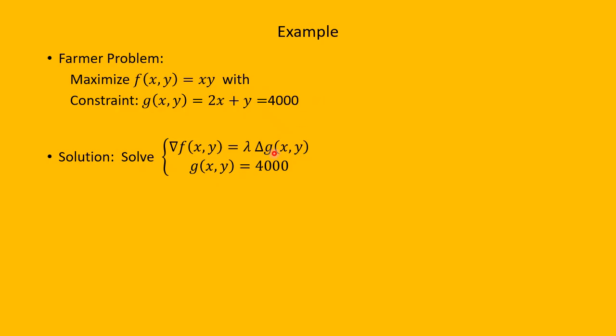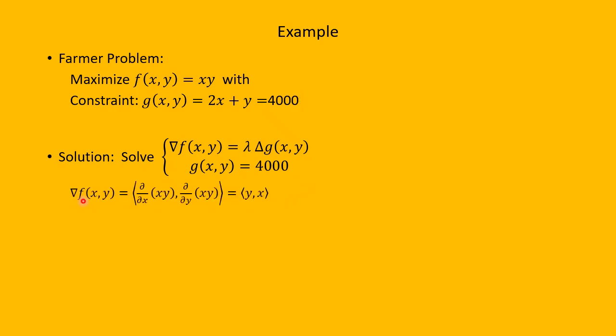Well, in that case, these are the equations that we want to solve. The gradient of f is equal to lambda times the gradient of g, and lambda is called the Lagrange multiplier. And also g of x y equals 4,000, this constraint.